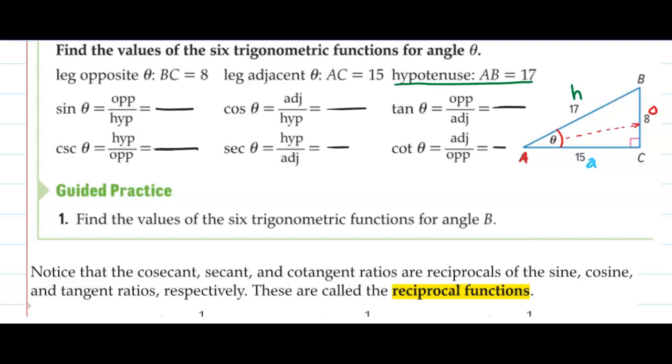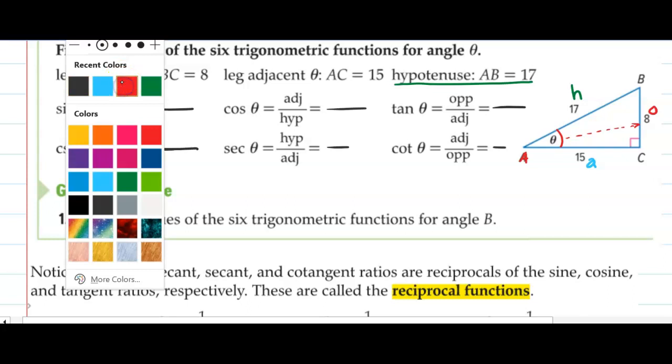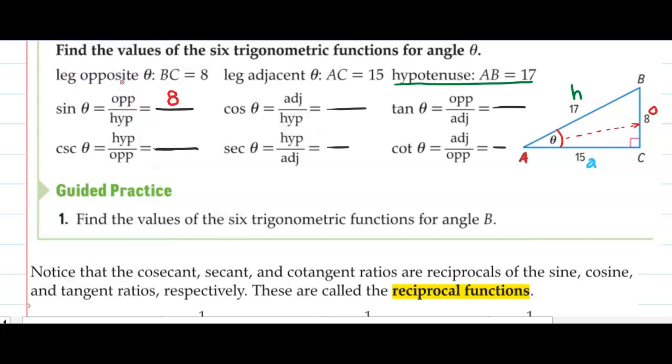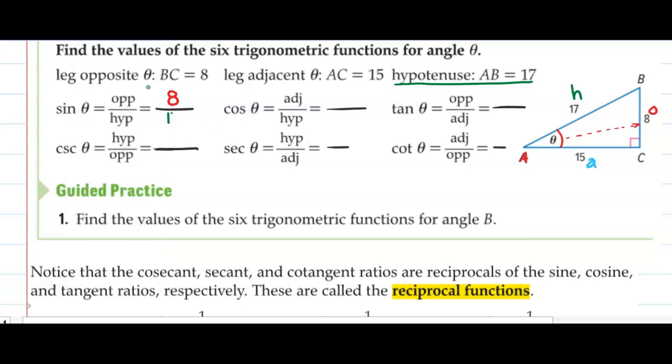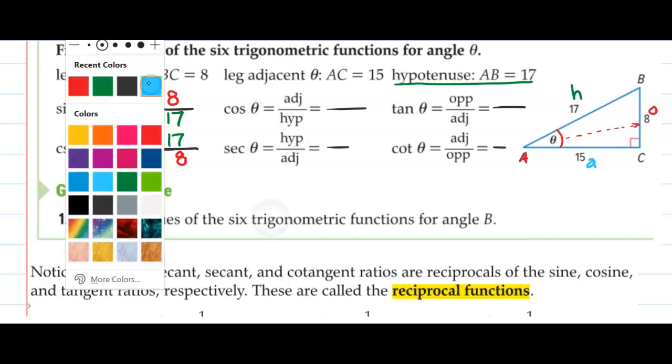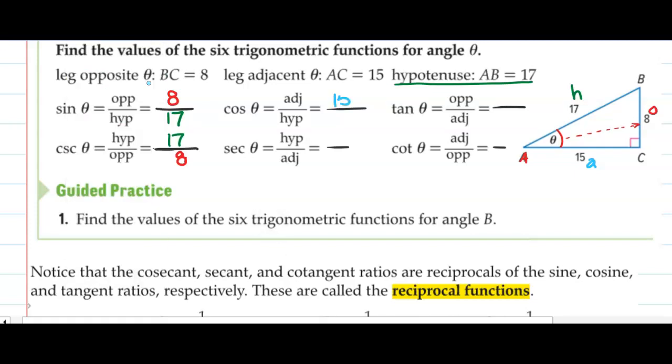And from here, we just write the ratios. So if I want the sine, the opposite is 8 over the hypotenuse, that's 17. To find the cosecant, I'm just going to take the reciprocal, 17 over 8. For the cosine, now I need the adjacent, 15. For the secant, the 15 will be on the bottom.